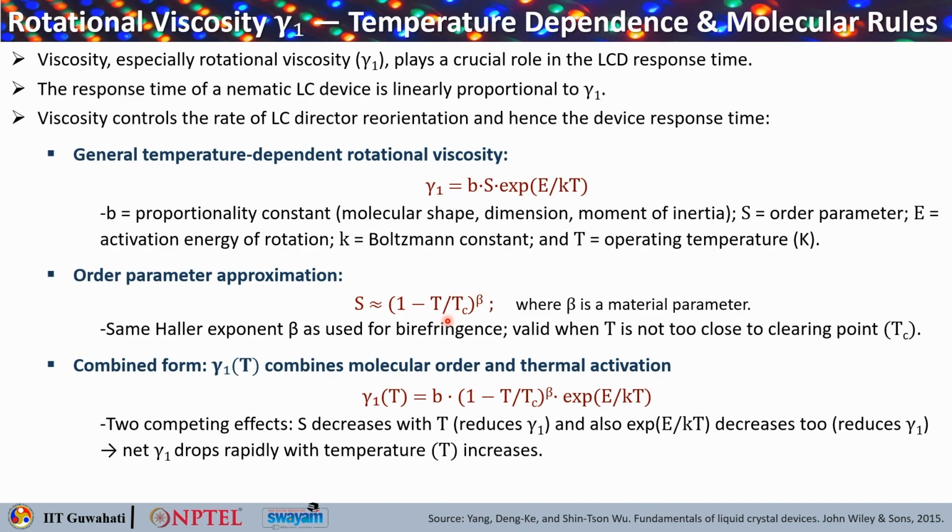So, that reduces your gamma 1, and you see also that the exponential E by kT decreases too. So, that reduces gamma 1, right. So, what happens is that with an increase in temperature T, your net gamma 1 is dropping rapidly.